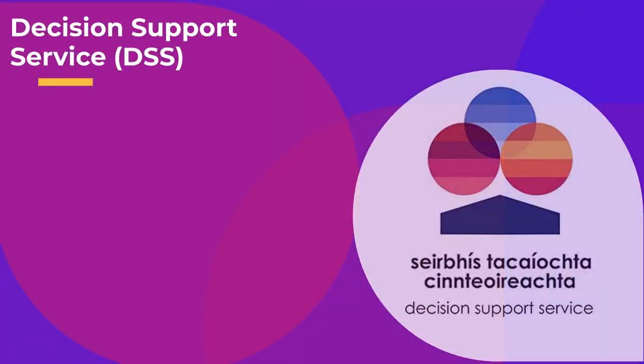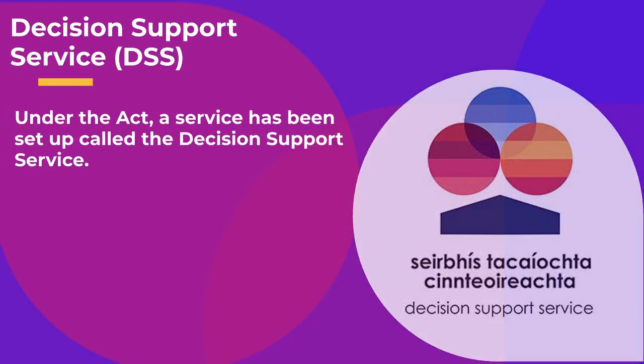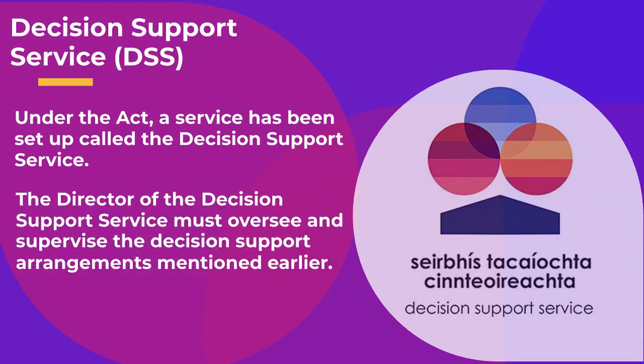Decision Support Service, DSS. Under the Act, a service has been set up called the Decision Support Service. The Director of the Decision Support Service must oversee and supervise the decision support arrangements mentioned earlier.